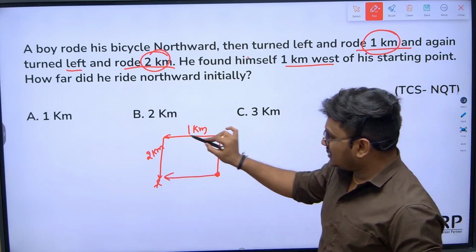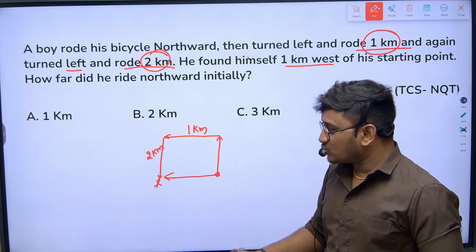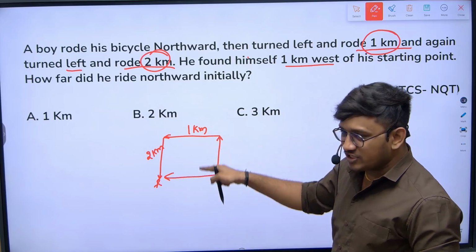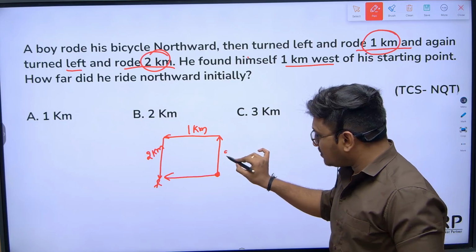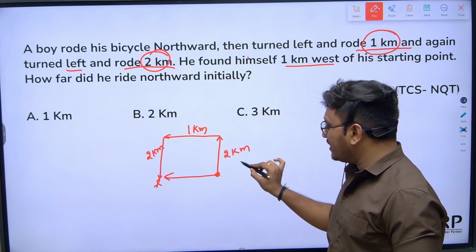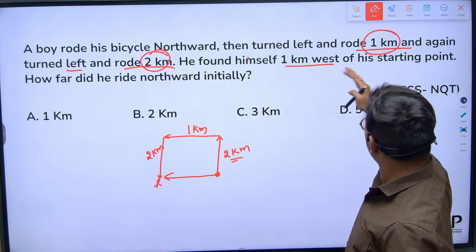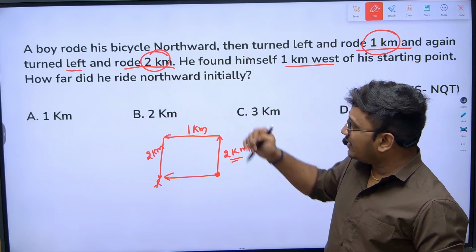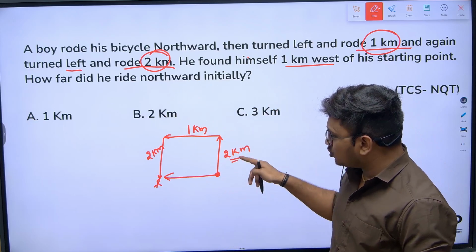So this line is exactly parallel to this line, on the west side. Since this is parallel to this, obviously this line is also parallel to this direction. So initially he traveled towards north how many kilometers? 2. That's what the question asks: how far did he ride initially in the northward direction? Initially he traveled 2 kilometers northwards.